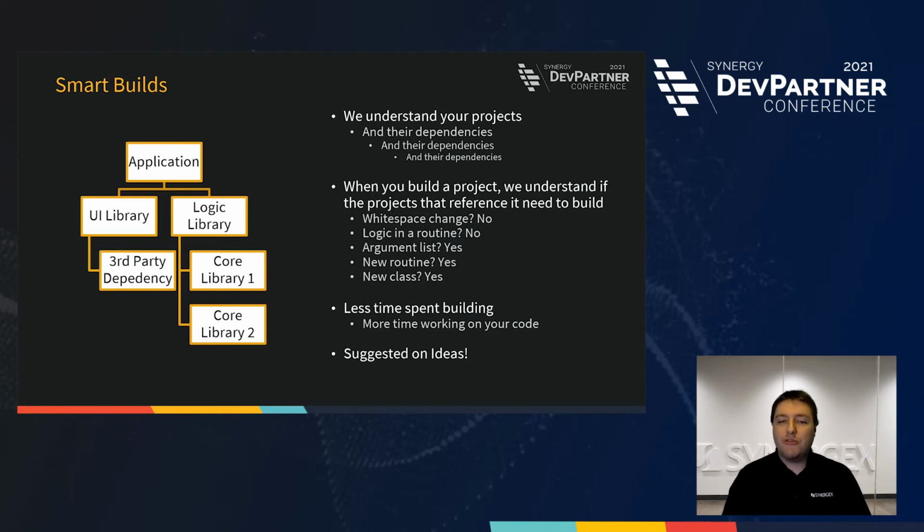In both traditional Synergy and Synergy.net, we are able to use deterministic symbol information about the compilation results of your project to make an informed decision about whether the change you recently made actually requires recompilation of projects that depend on it, rather than just checking timestamps of what changed most recently.